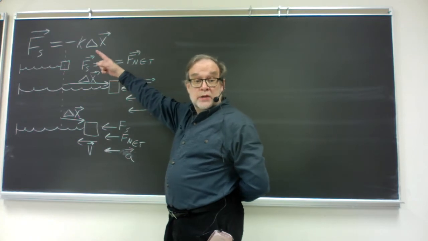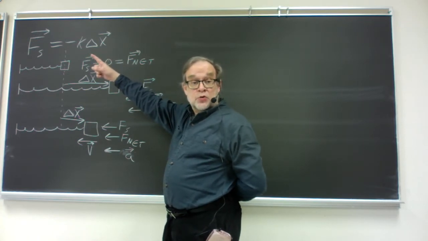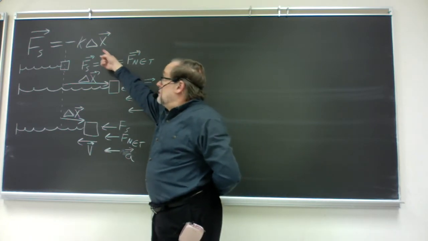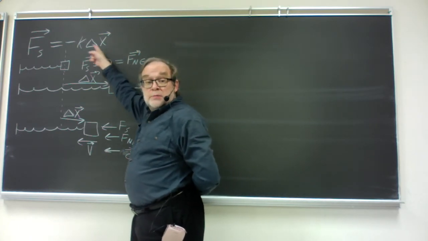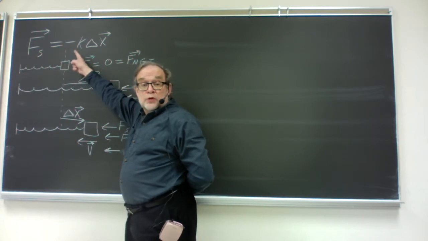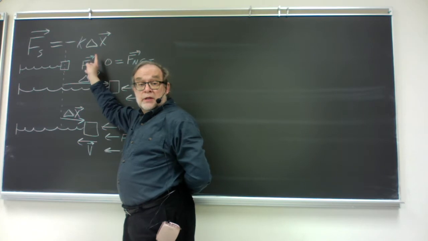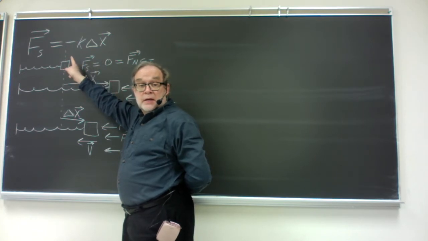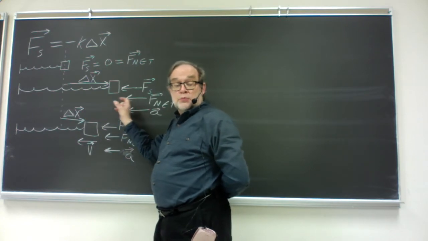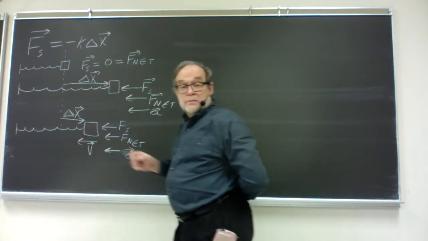And that's really what this equation for the spring force tells you. Whenever you have displacement, you have a spring force, and the spring force points opposite to the displacement. That's what this minus sign means. In this case, the displacement was to the right, and the spring force is now pulling back to the left.